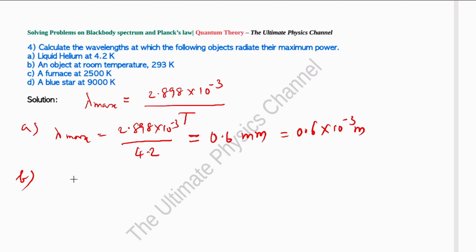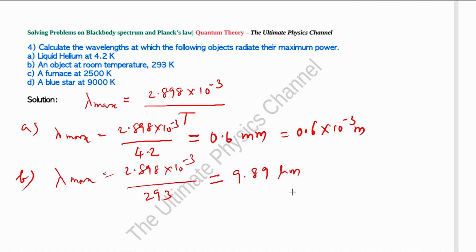So again, if you use the same formula and work this out, 293 Kelvin is taken to be the room temperature here. We will find that it is about 9.89 micrometers.